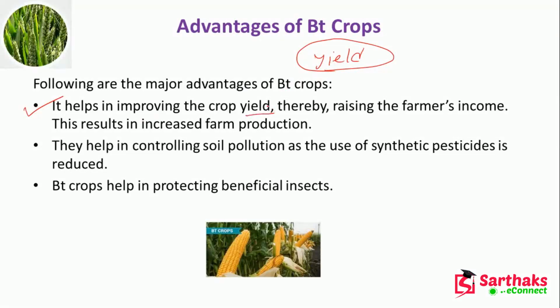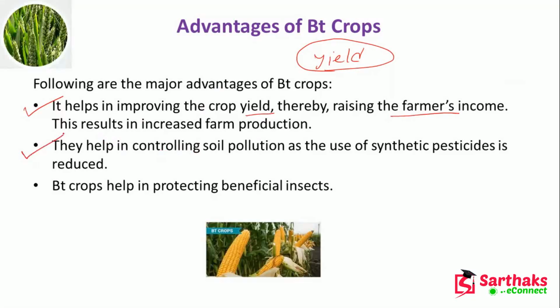That means it will increase the number of useful crops. Raising the farmer's income, obviously: if yield is very high, that means the number of crops is very high, the farmers are happy, they can sell more crop, more money, so it can improve the income. The result is increased farm production, so it will increase total farm production.